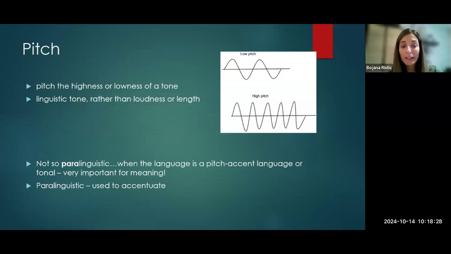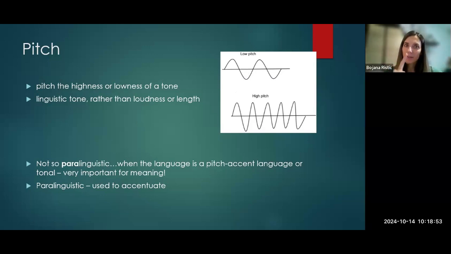The pitch is very important. The pitch is actually how high or low the tone is within one word. And pitch, acoustically speaking, is just the vibration of your vocal cords. If they vibrate slower, we have deep, low voices, right? And a deep, low pitch.